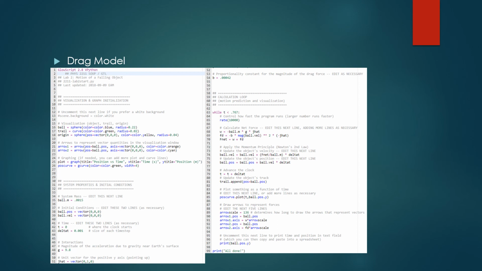And then line 69 is our drag force equation, where we use the proportionality constant, the drag constant, multiplied by the ball's velocity squared, and then multiplied by the direction vector except in the opposite direction. And then I combine these two in F net with W plus Fd, weight plus drag force, on line 70. And then we have our usual update position equations as well, lines 74 and 76.